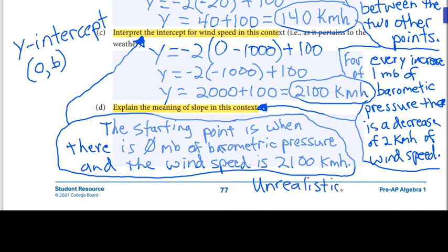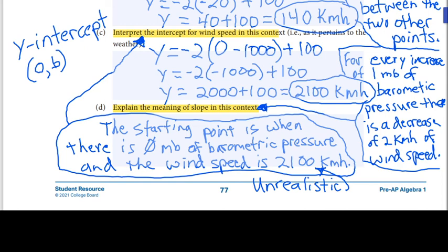All right, and how do I know that it's unrealistic? Well, you can go on the internet and research these things, right? That's what's good about computers, we can research it. If we go to the internet, we could ask what's the fastest wind speed ever recorded.